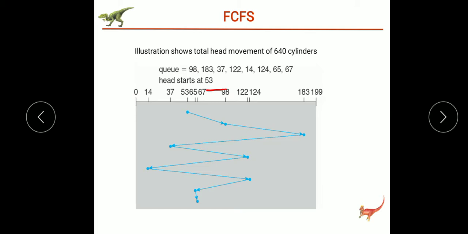Therefore, there is a wild swing from 122 to 14 and then back to 124 again. 122 and 124 are very close to one another, but because of FCFS it drops back to 14 and then goes up to 124 again. Here the total head movement will be more.